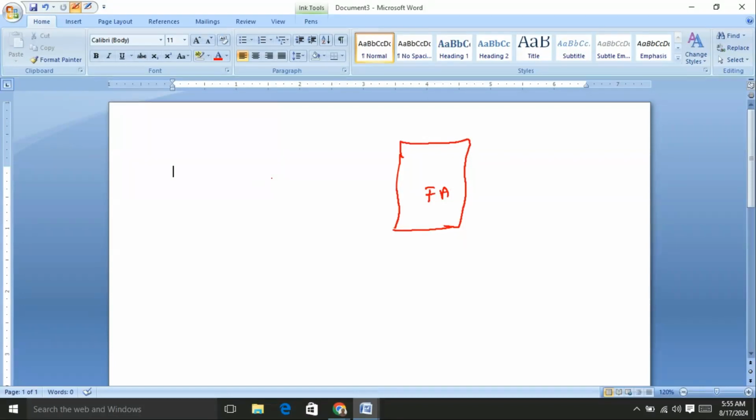Full adder, one of the inputs of the full adder is directly connected to the operand A, and let us consider there is a 4 by 1 multiplexer. This is the 4 by 1 multiplexer.